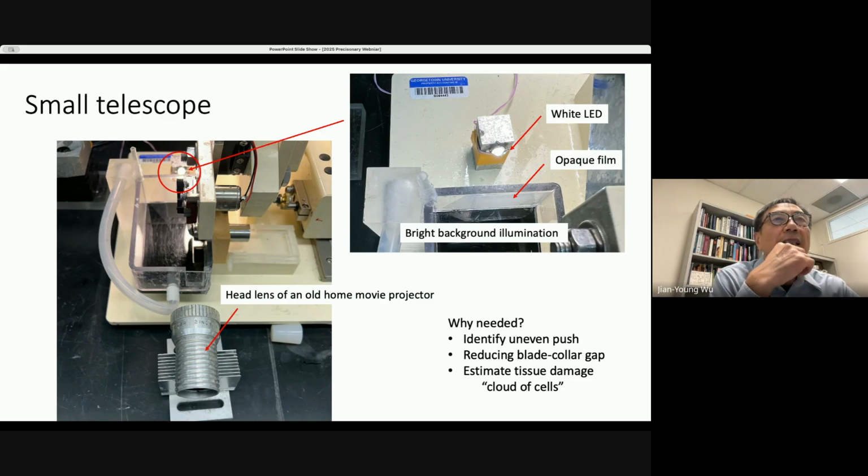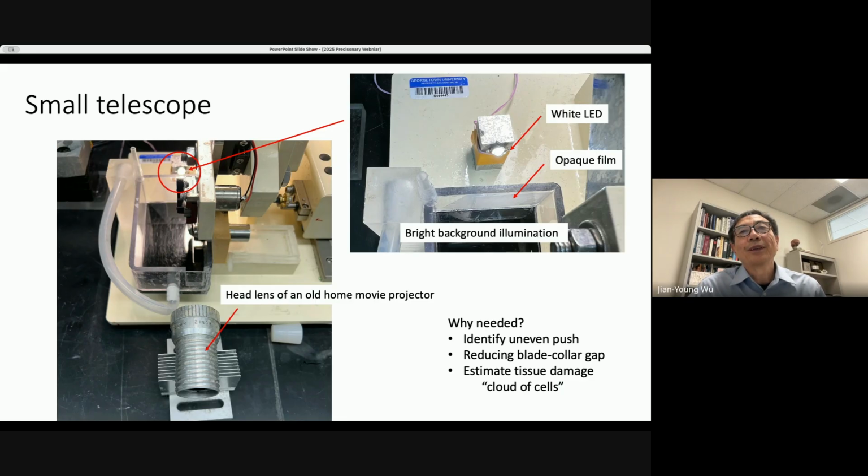We'll see the edge between the blade and the collar, and adjust the edge to lower than 1 millimeter. We are using the old version of the compresstome, but I heard in the new version the distance is automatically adjusted, so we don't really need this telescope.